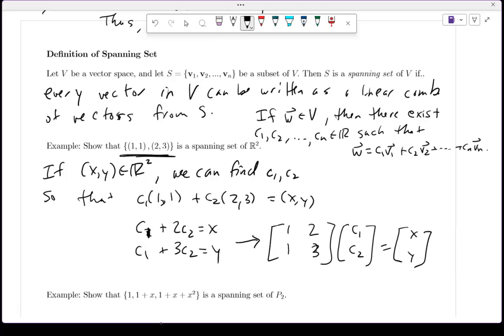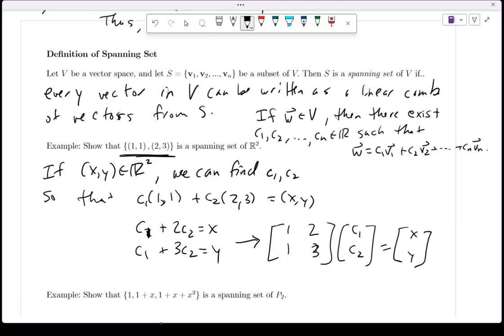Now, if I want to be guaranteed that this is always going to have a solution, what better be true about this matrix that's on the left-hand side? Invertible. It better be invertible, right, in this particular instance?